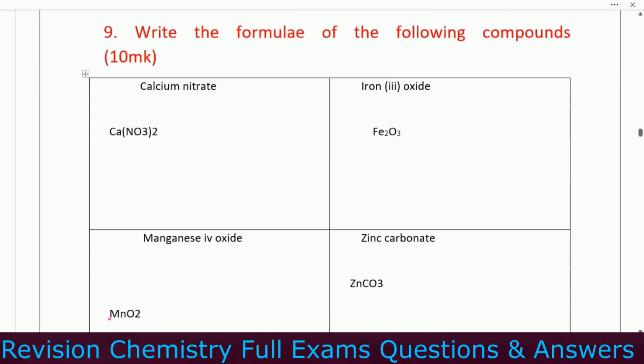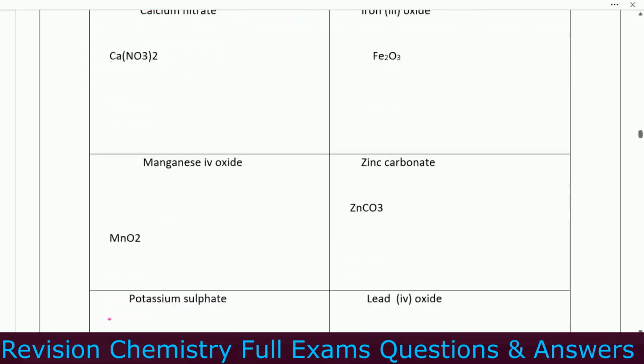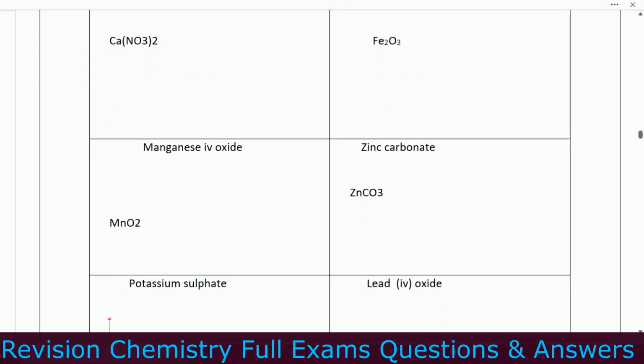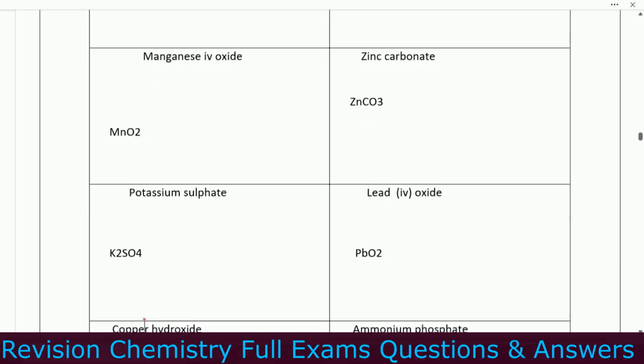Number 9, write the formula of the following compounds. Calcium nitrate, this is how it is written. Iron(II) oxide, that is how it is written. Manganese(IV) oxide, that is how it is written. Zinc carbonate, that is how you write it.